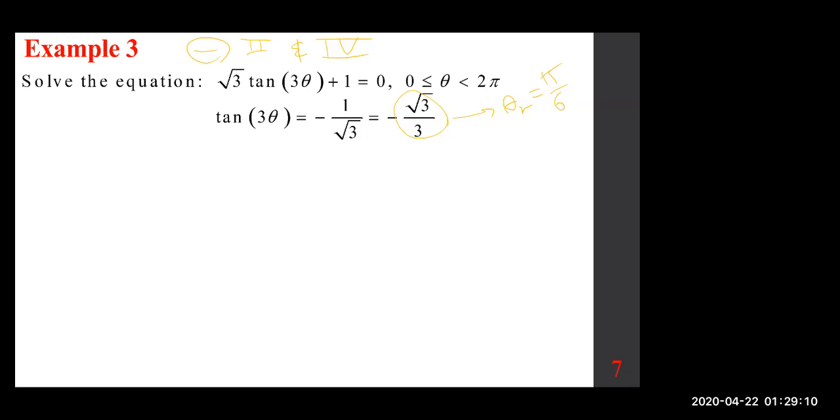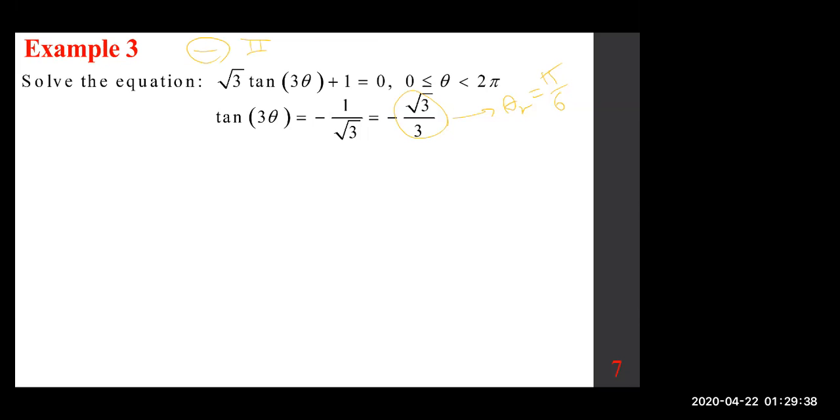All you have to do for the second quadrant, say pi minus pi over 6. Is everybody with me? For the second quadrant, this is how the reference arc is used, okay? Let me erase this and put it a little bit further.